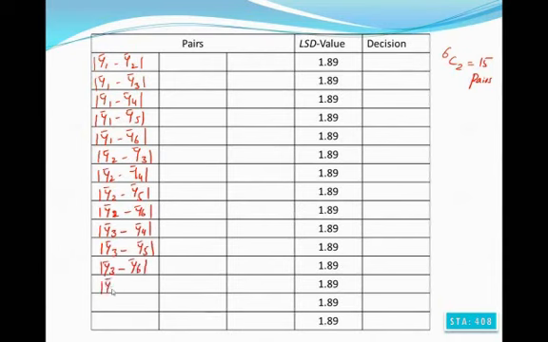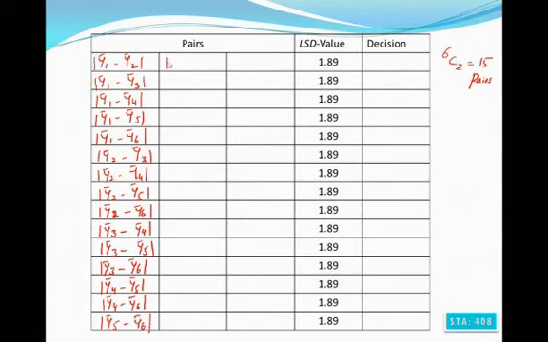Now start with the fourth mean. Minus fifth, Y bar 4 minus Y bar 6, and lastly Y bar 5 minus Y bar 6.